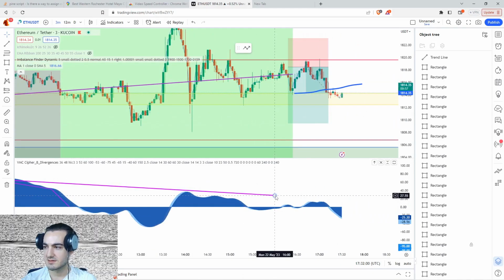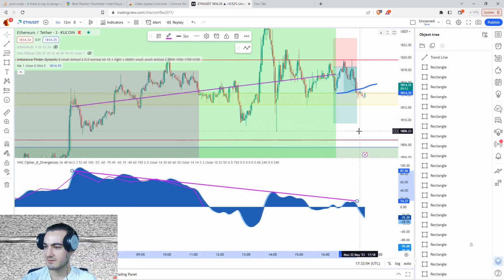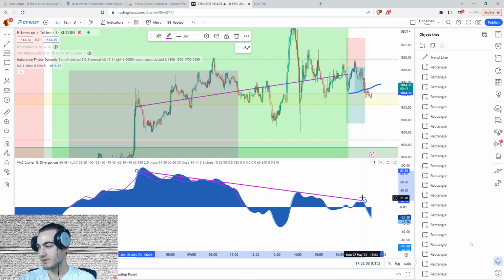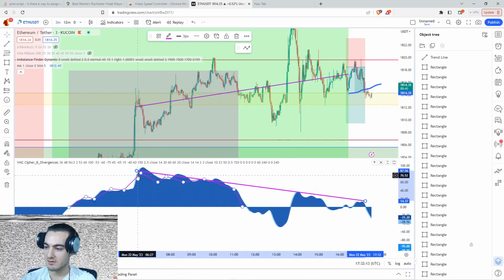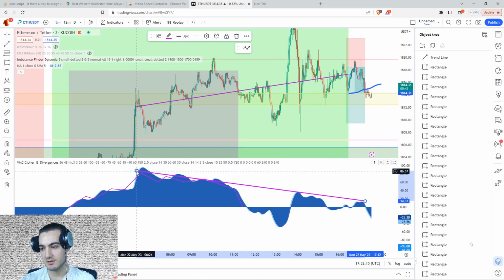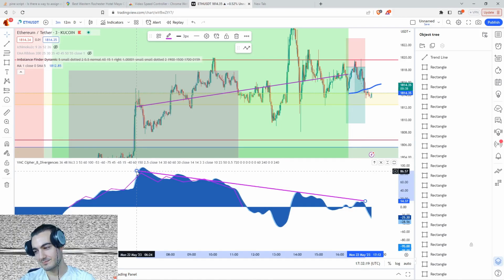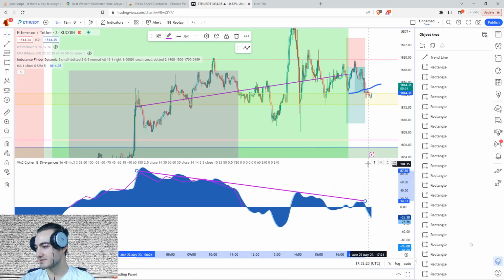We have this divergence we identified previously of momentum really decreasing. And what I figured out is how to change the way that Market Cipher displays.